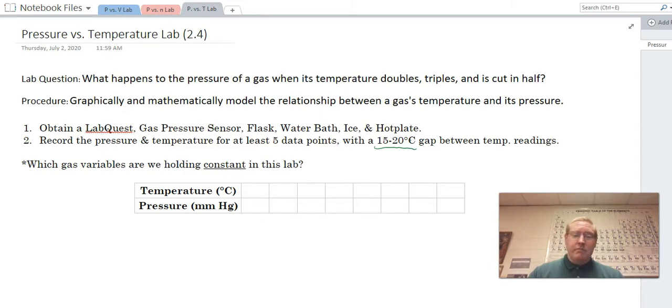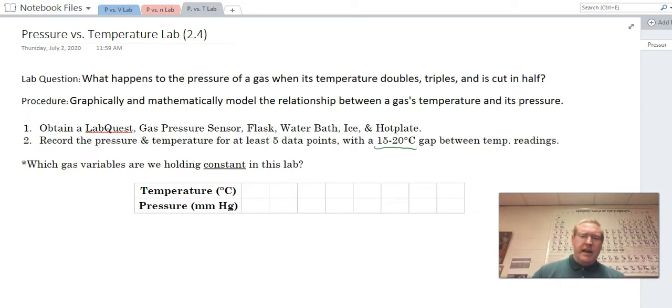Just like last time, we need to take a minute and think about what are the other variables that could change in this lab that we want to keep the same? Well, we're changing pressure, right? And we're changing temperature.